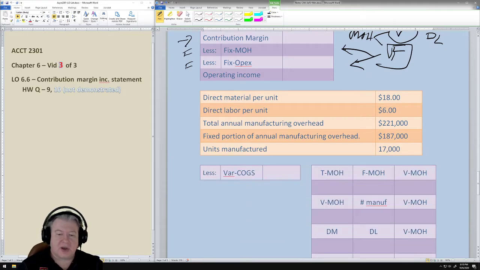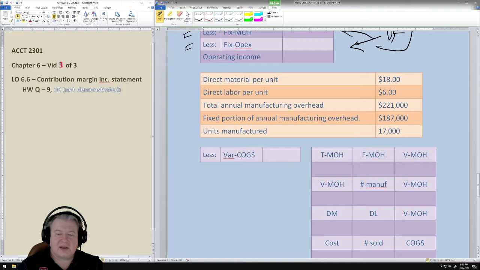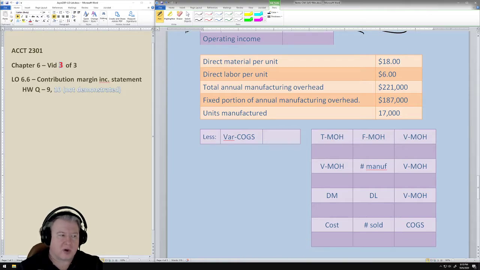Okay, so just like before, let's figure out the variable COGS part. We're given total MOH, 221 here, and we're given the fixed part, which is 187.